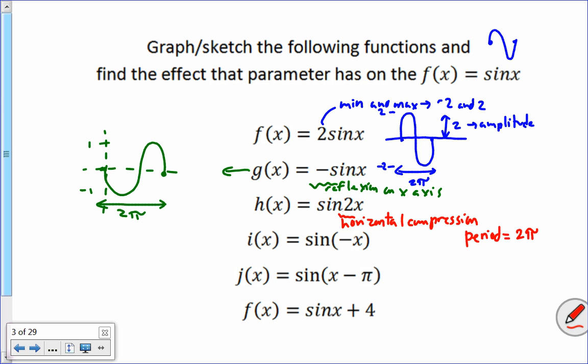But if there's a b, we have to divide by our b. So in this case, if we have 2, our period is going to be 2 pi over 2, which is pi. So when we do our graph, we're going to start at 0, but finish at pi. So where are we going to be halfway?